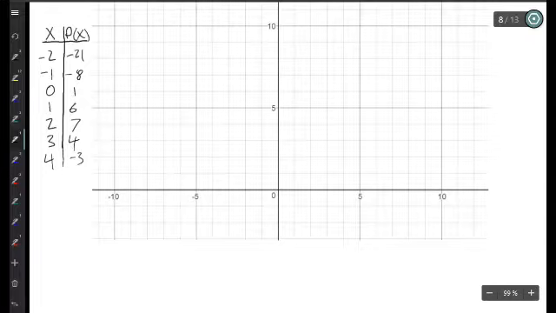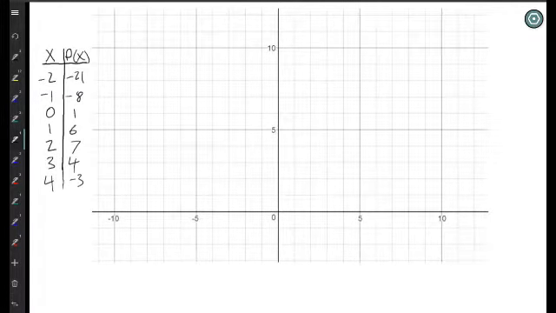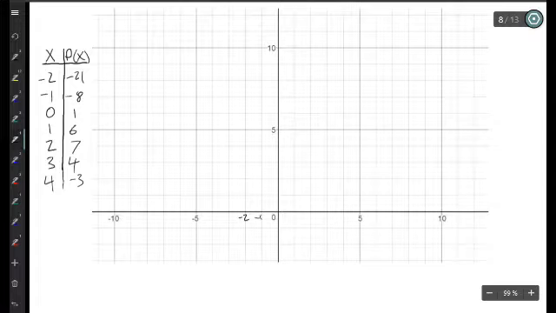We have negative 3. Alright, so negative 2, that's off the charts. Negative 1, also off the charts. 0, we're at 1. Here. At 1, we're already at 6. Right there. At 2, we're at 7. Right there.